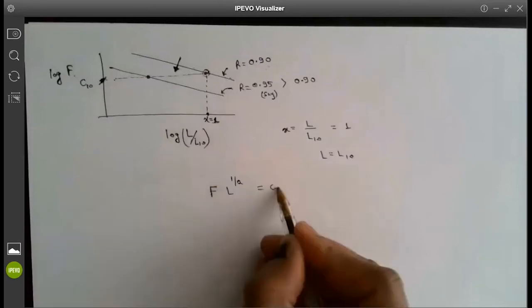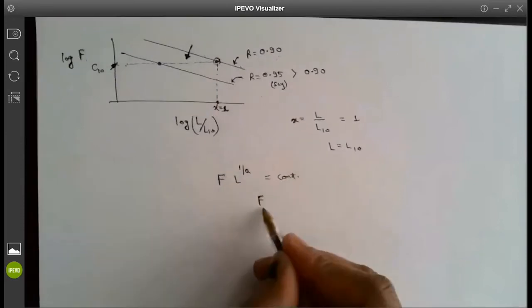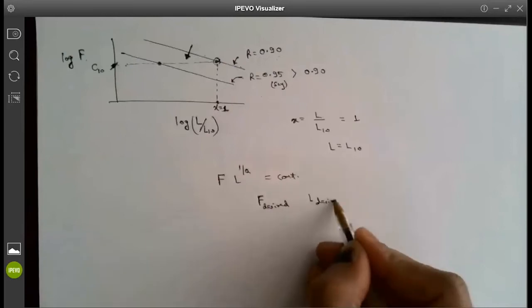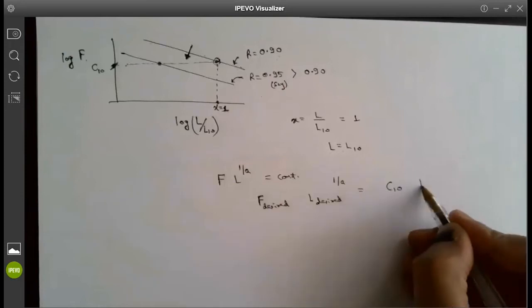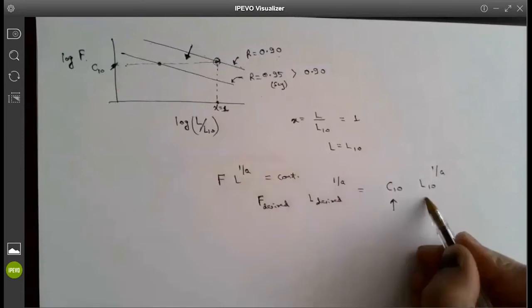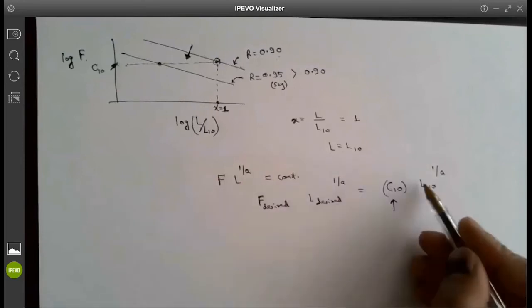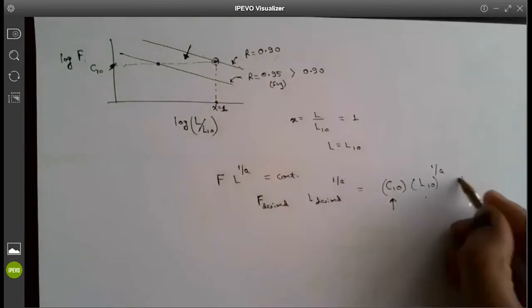This is constant, which basically means F desired times L desired raised to the power 1 over A equals C10 times L10 raised to 1 over A. So C10 is the load for which your L10 life is defined. Is it making sense so far, at 90% reliability?